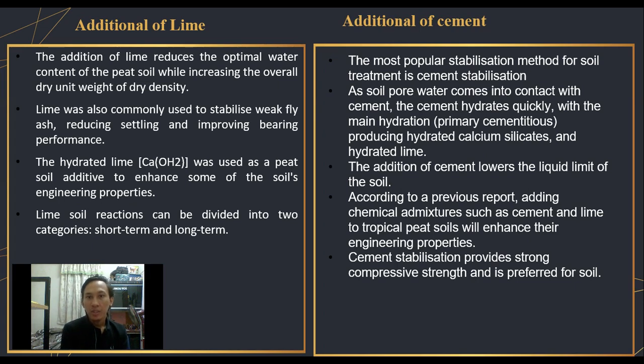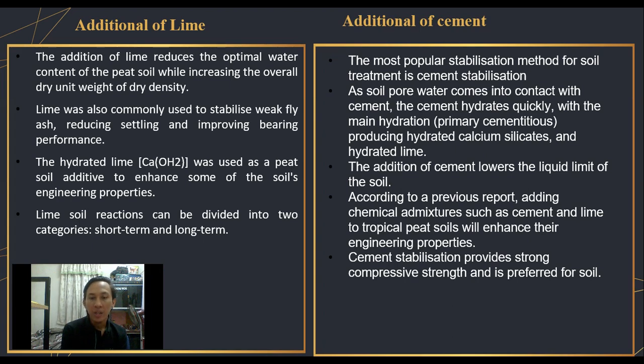The next point is the addition of cement. This is the most popular stabilization method for soil treatment, as the soil pore water comes into contact with the cement. The cement hydrates quickly, producing hydrated calcium silicates and hydrated lime. The addition of cement lowers the liquid limit of the soil.